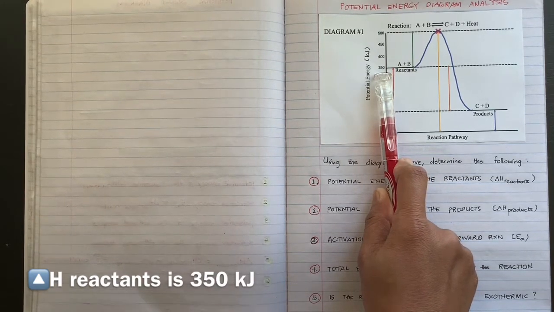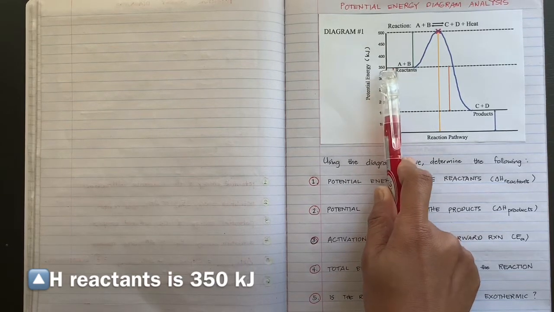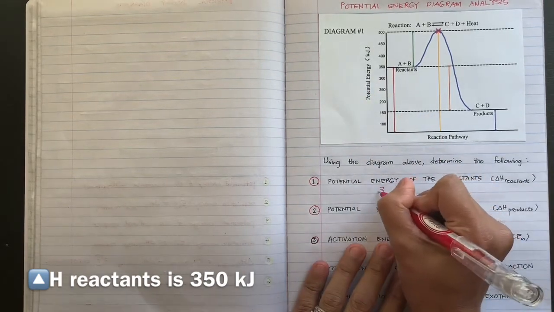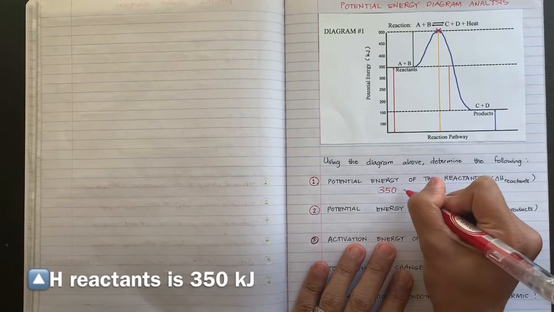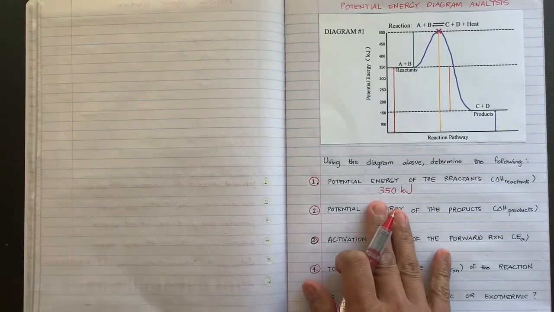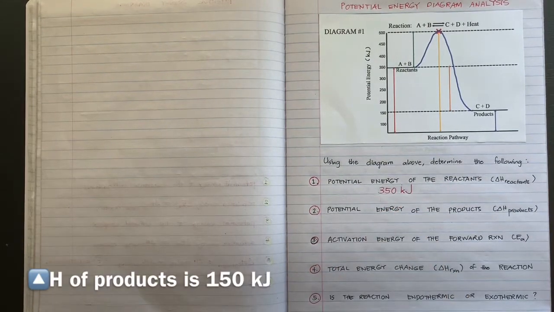You don't need to have any calculation. Just by looking at the diagram, the initial potential energy of your reactants is 350. Therefore, the answer is 350 kJ. Kilo is small letter k, and then joules, big J. So 350 kilojoules is the answer.